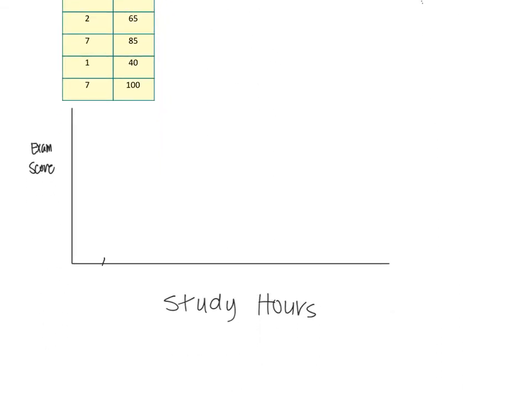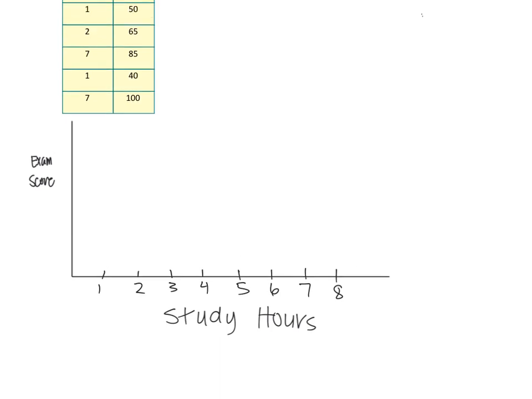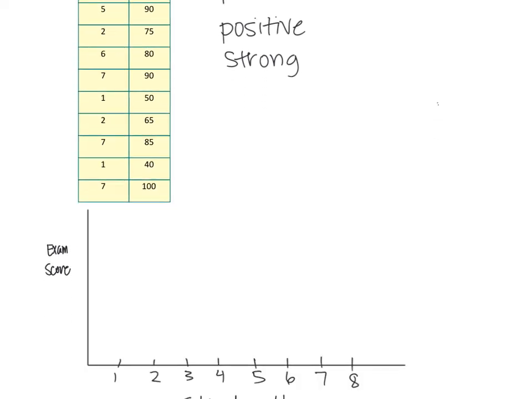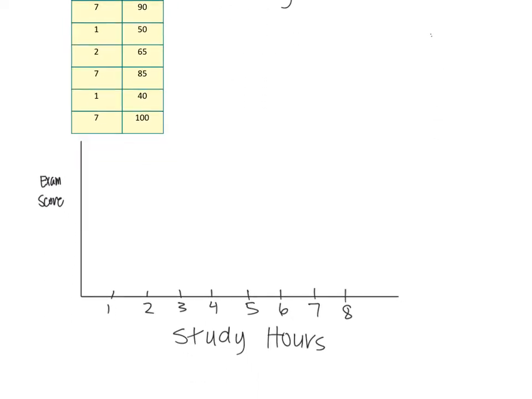So I'm going to go from 1 to 8. Then we're going to take a look at our exam scores. So if we look, our lowest exam score is 40, our highest is 100. So I'm just going to go up by tens.